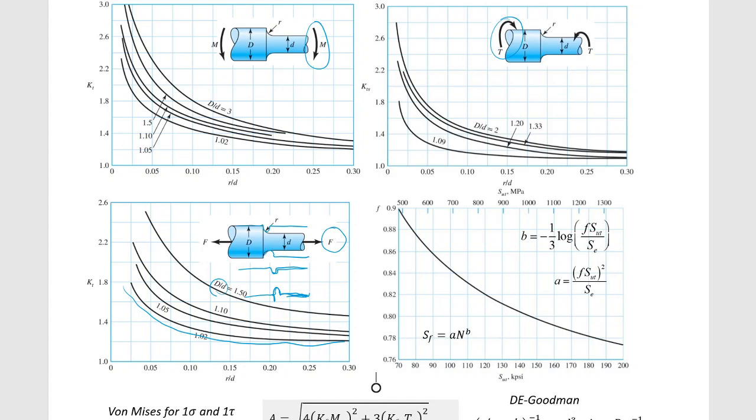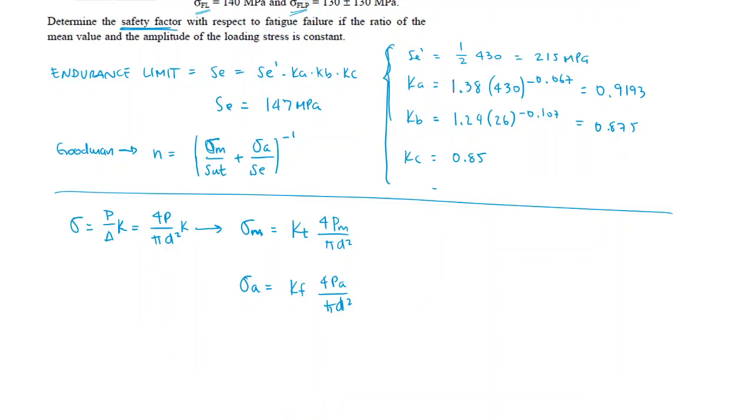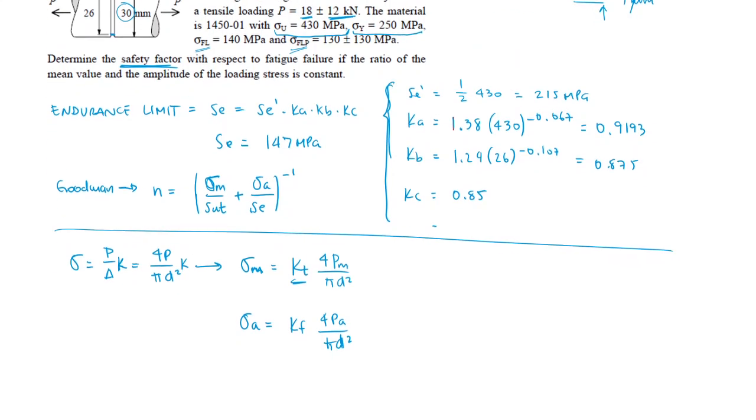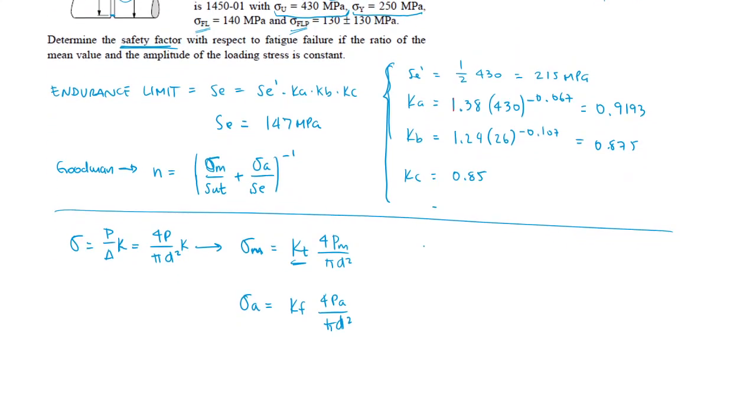Again, I'm not going to use that. All I know is that the KT that I need comes from the radius of the notch and the capital D for that specific KT diagram. The KT diagram for that is going to give me a 2.6 stress concentration factor.